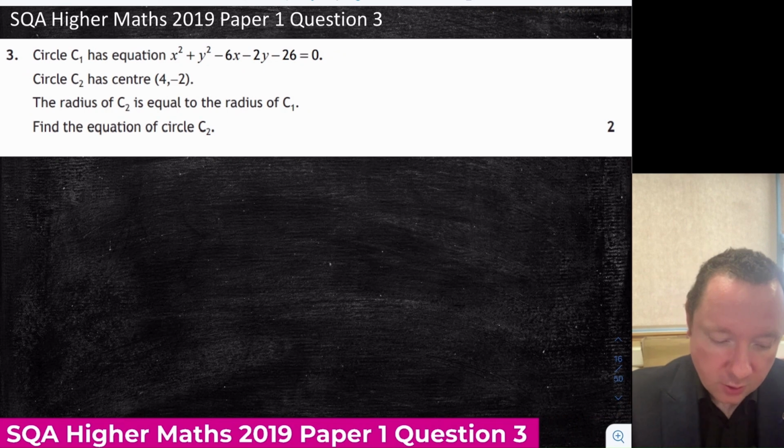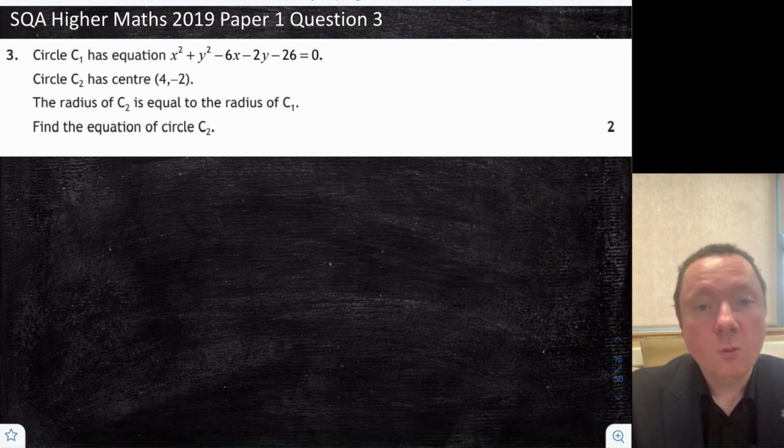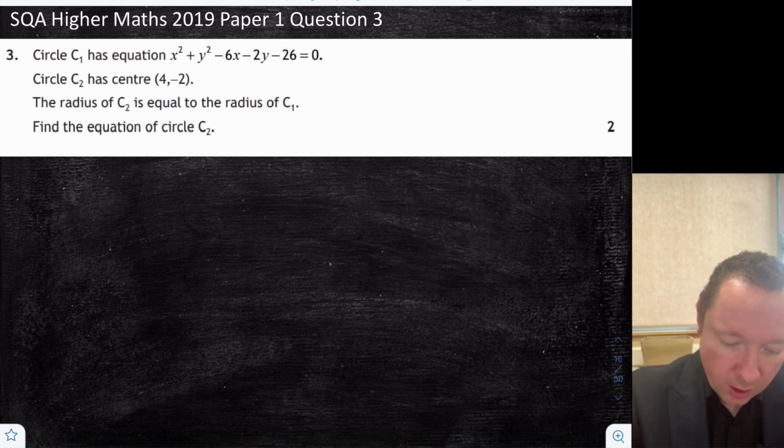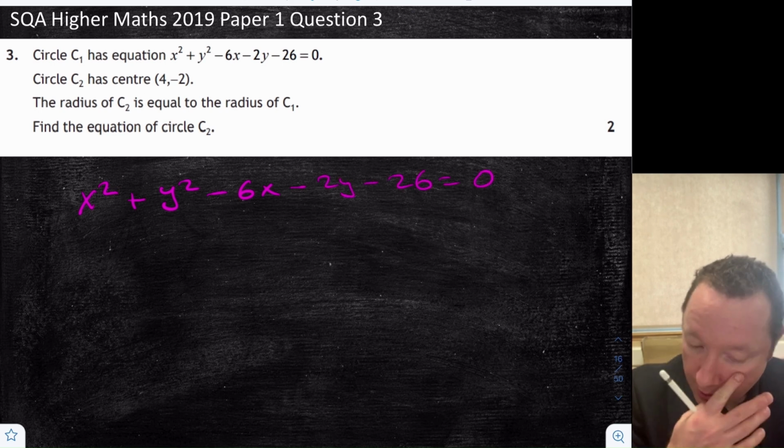SQA Higher Maths, Paper 1, Question 3. Circle C1 has this equation and C2 has centre 4, minus 2. The radius of C2 is equal to the radius of C1. Find the equation of circle C2. So we have got our equation up here, x squared plus y squared minus 2x minus 2y minus 26 equals 0. You're given at the start of the exam paper the radius.